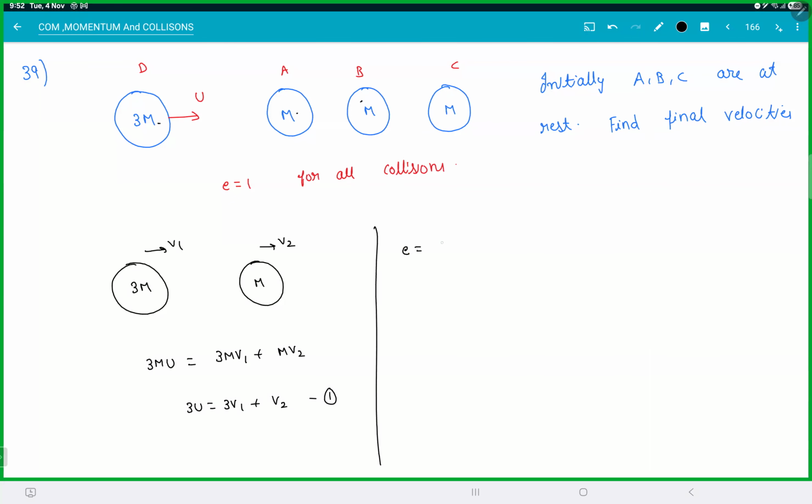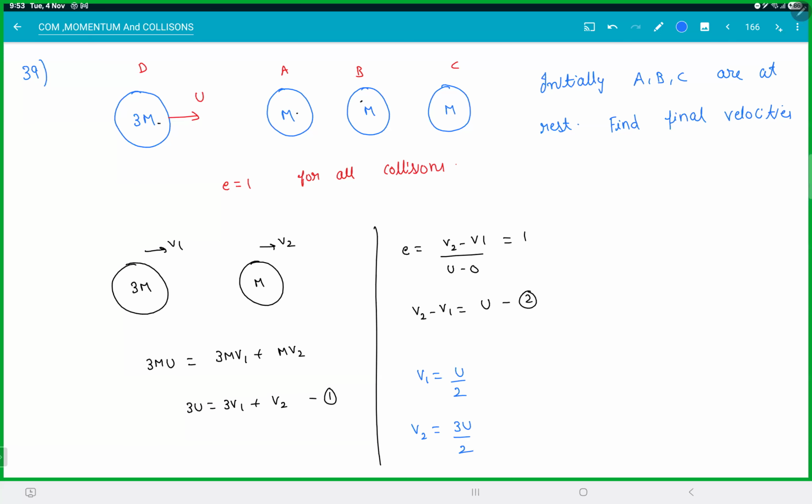And the restitution e is equal to (v2 minus v1) by (u minus 0), which is equal to 1. So we get v2 minus v1 is equal to u. That's your equation 2. Solve them. If you take v2 and substitute here, you'll get v1 plus u. So you will end up with v1 is equal to u by 2, and v2 will be 3u by 2.